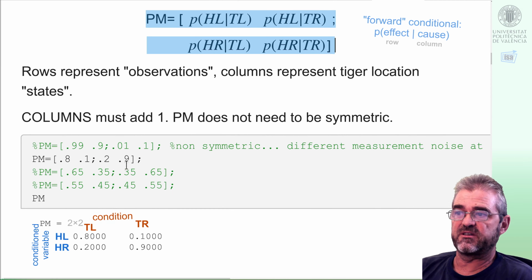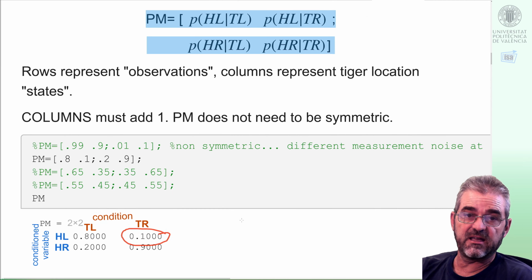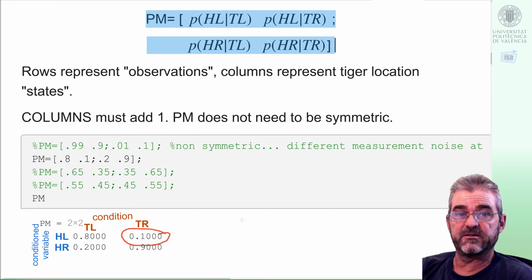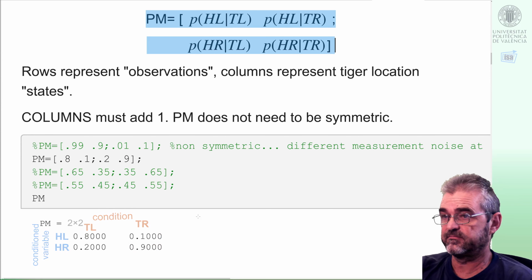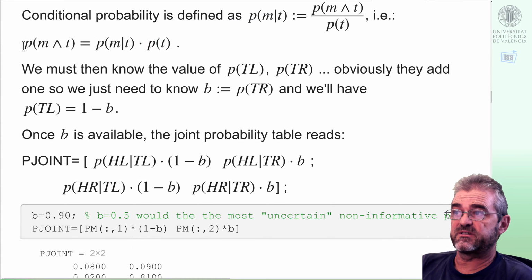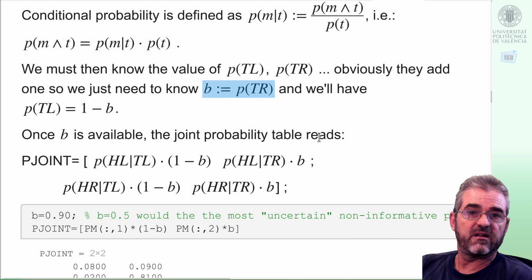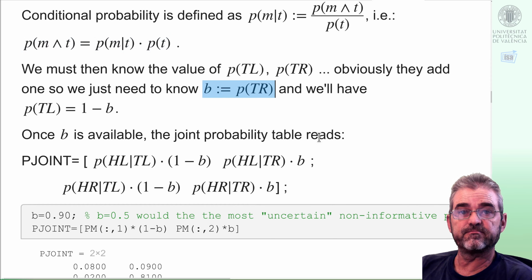So we have this table, for instance, in which, when the tiger is at the right-hand side cage, then 10% of the time roaring is heard at the left side, etc. And adding a missing piece of data, which is the prior probability of the tiger being left or right, we'll define B as the probability of being right, so 1 minus B is the probability of being left.